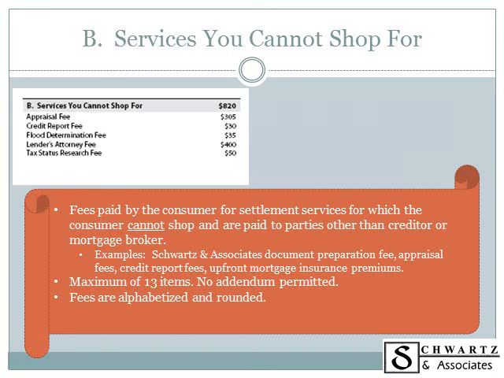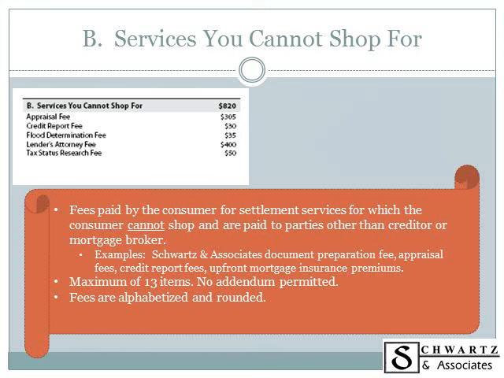Services you cannot shop for. This section should include fees paid by the consumer for settlement services for which the consumer cannot shop and are paid to parties other than the creditor or the mortgage broker. Examples would include Schwartz & Associates document preparation fee, appraisal fee, credit report fee, upfront mortgage insurance premiums, etc. Again, this section has a maximum of 13 items permitted, and if collecting more, disclose line 13 as additional charges and total the amount of all the additional items.